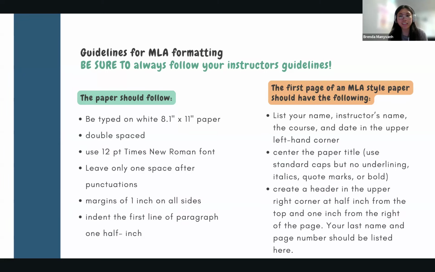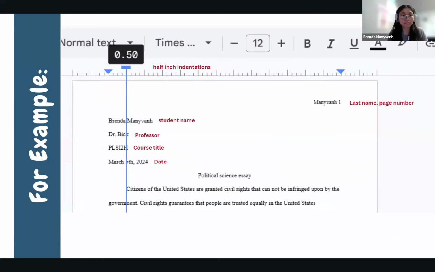It should just be in standard caps, regular 12 point Times New Roman font. And then at the top right upper corner, you're going to create a header that has your last name followed by the page number. I'm going to go into a visual aid just so you guys can have an example as well. All right, next slide, please.